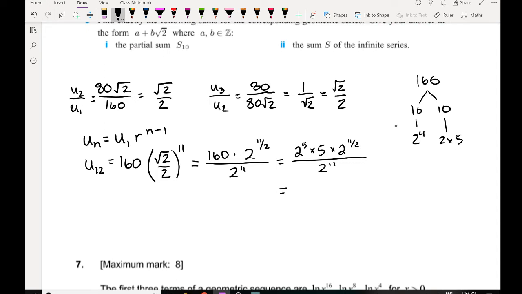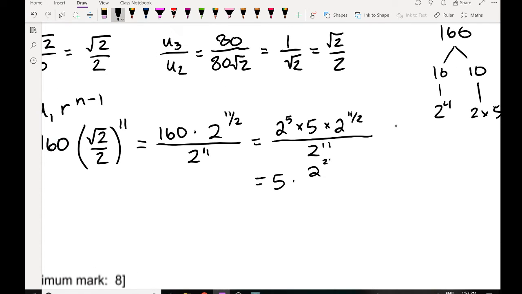So let's see what happens if I simplify my powers of 2. So 2 to the 5 times 2 to the 11 over 2, that's going to simplify to be the not super friendly 2 to the 21 over 2. And I don't like how I wrote that because it looks like a mixed number. I guess I'll write it like that. That's a bit better.